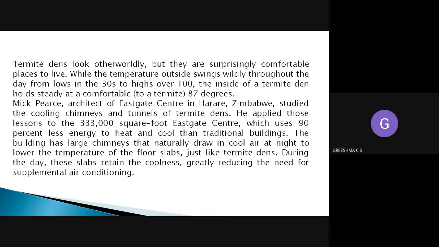The termite also is doing the same. In termite dens also, they use the same technique. They have small holes, and through those holes the cool air will be drawn from the atmosphere during the night time, and it will be stored, and during the daytime it will be used to cool the inside temperature.